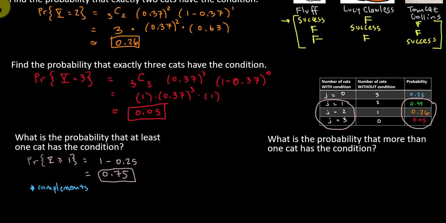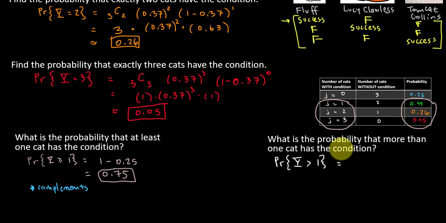Next question. What is the probability that more than one cat has the condition? More than one cat. Okay, well, probability y more than 1. So I would need the greater than symbol.